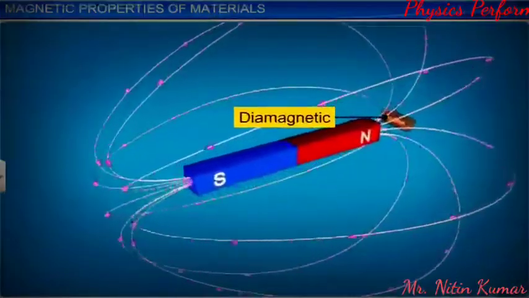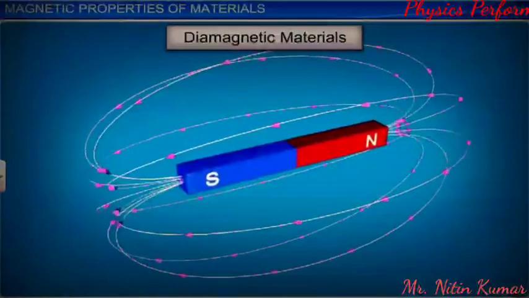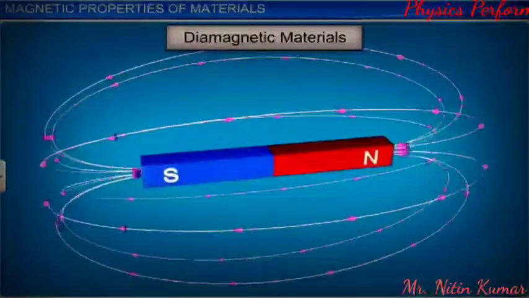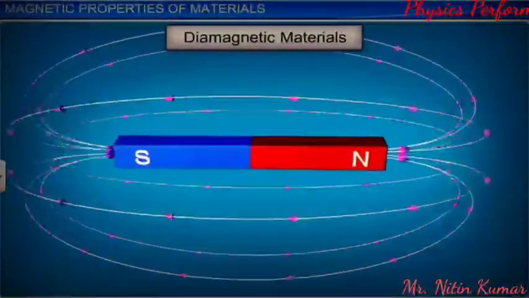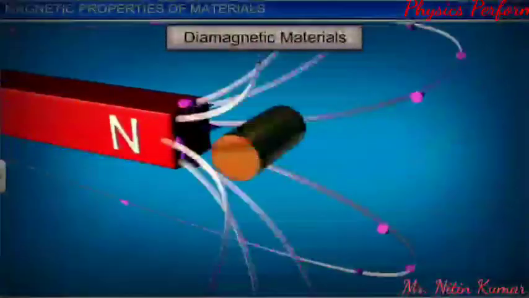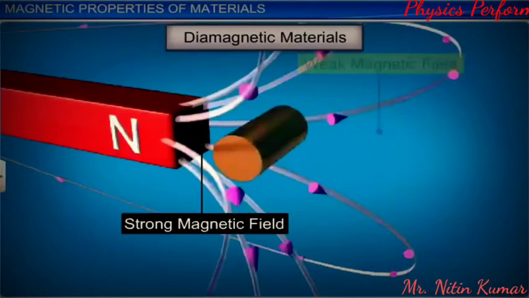Diamagnetic materials are the materials that are repelled by magnets. When a bar of diamagnetic material is placed in a non-uniform external magnetic field, it tends to move from a region of strong magnetic field to a weaker magnetic field.